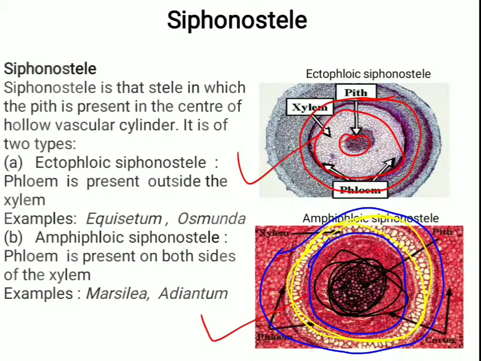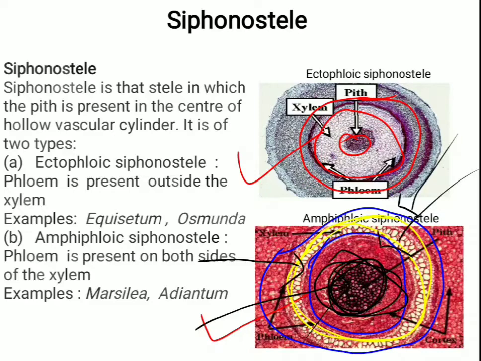This black color structure is the pith, which means the pith is present in the middle portion. Then this is the xylem, and on both sides of the xylem this blue color structure is the phloem.